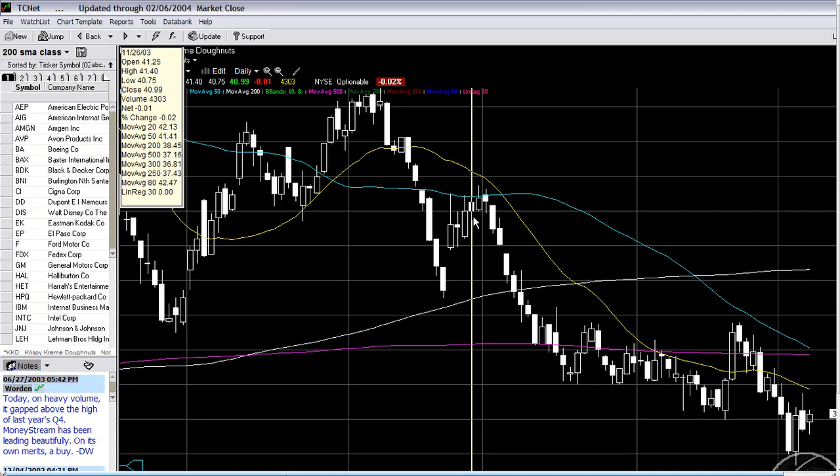So part of what you're going to learn here is the pattern, and we're going to reinforce that pattern on what it's going to do at these major critical points with what your studies are telling you. If it's going to gap through, your studies should be doing what? Pointing up. They should be at the bottom of the study, oversold and heading to overbought. These studies are doing what? You think they're overbought or oversold? They're way overbought. They'll be rolling over.